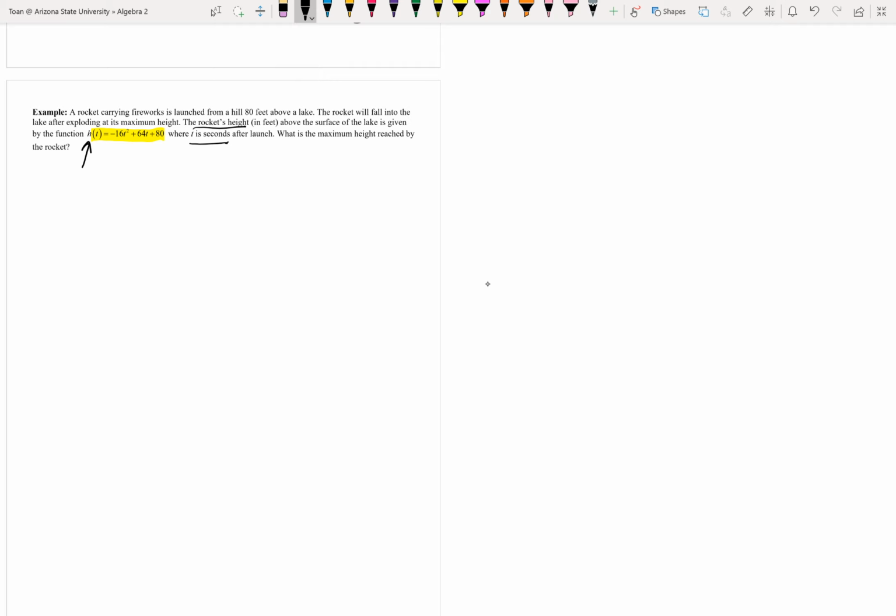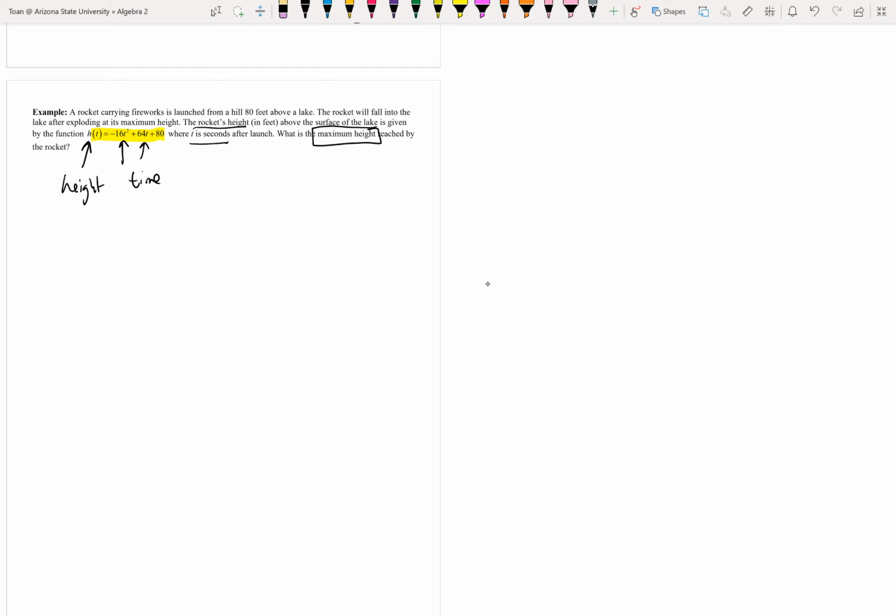So h stands for height, and the variable t stands for time. Now notice it says maximum height. So ask yourself, is it looking for the x value or the y value of the vertex? Since height is the output of the equation, h of t, clearly I know it's looking for the y value.